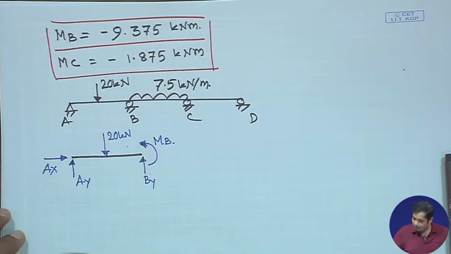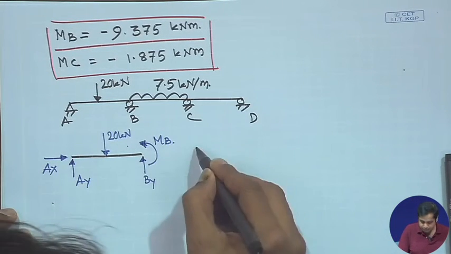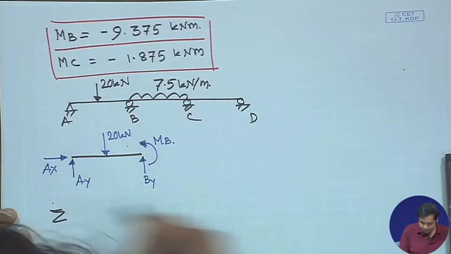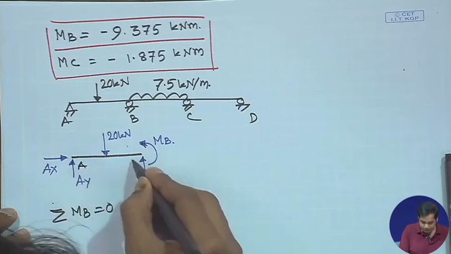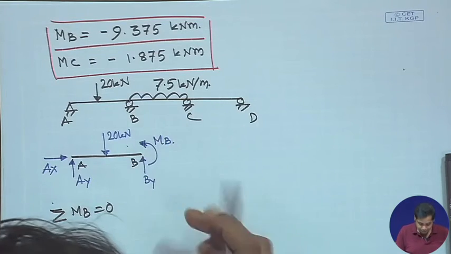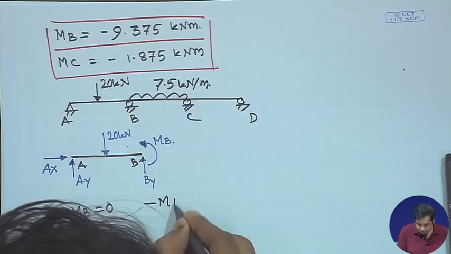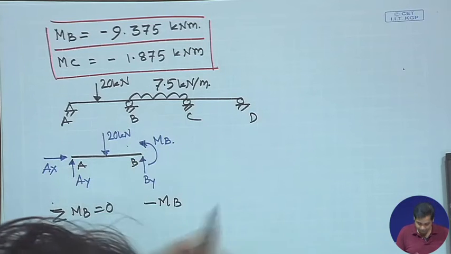Now, apply summation of moment about B equal to 0, this is A, this is B. What are the moments we have? We have minus MB, which is anti-clockwise, so negative.